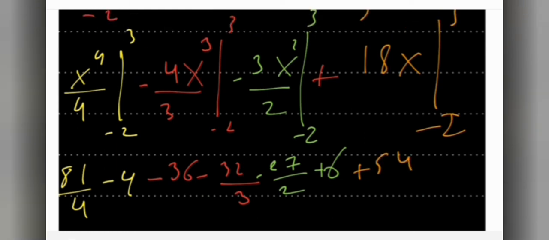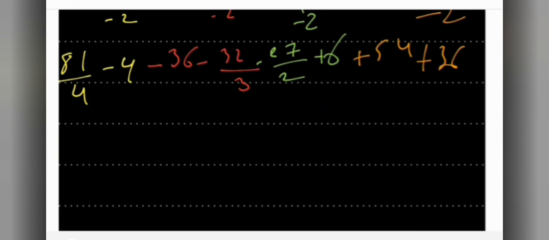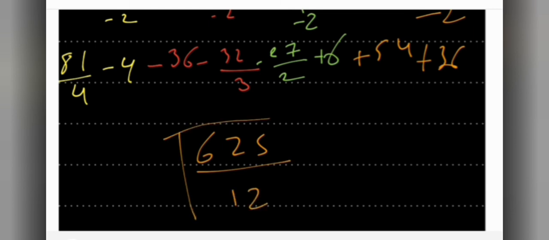And then minus 18 multiplied by x, but x is minus 2, so it will be minus multiplied by minus, which is plus, right? So it will be plus 36. Okay, now if you finish this over here, you have 625 divided by 12. Okay, so I'm going now to show you in the program.